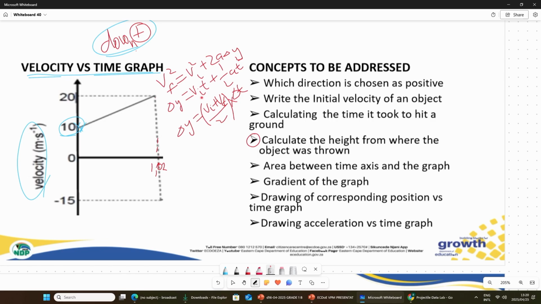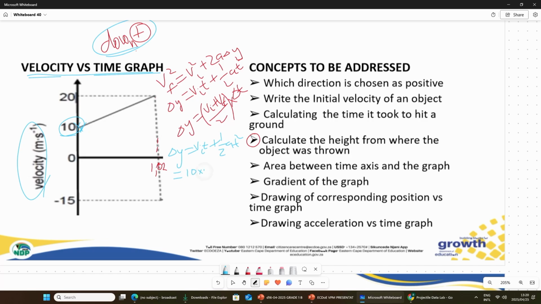So if I'm using that one, we have delta y equals v initial t plus half a t squared. Let's see, in substitution, our initial velocity is given to be 10.